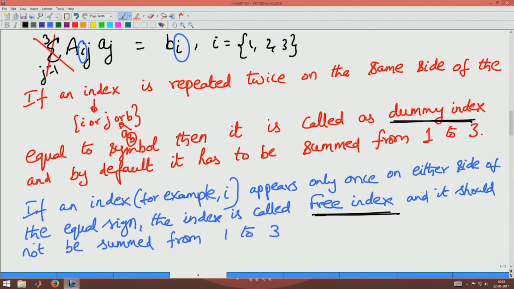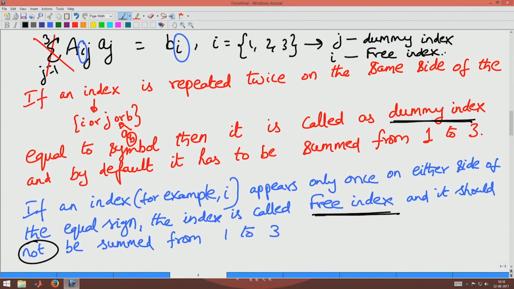The important word is that it should not be summed. A dummy index has to be summed from 1 to 3, whereas a free index should not be summed from 1 to 3. Okay. In this example, j is a dummy index and i is a free index.